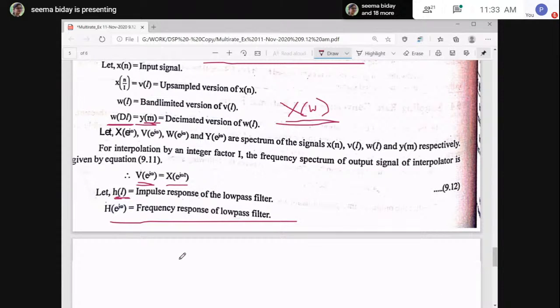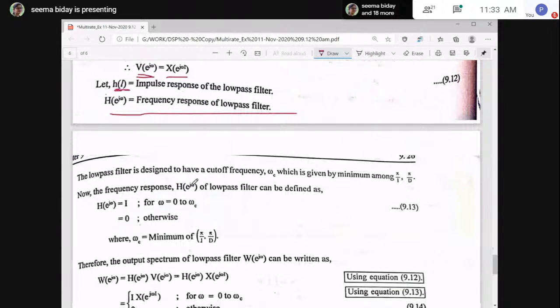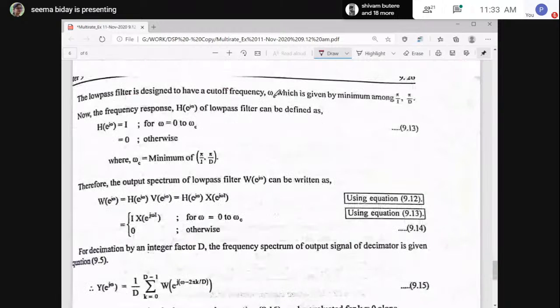Now, the low pass filter is designed to have a cutoff frequency WC, which is the minimum of pi by I and pi by D. Why should it be the minimum? Because a low pass filter is required in both the interpolator and the decimator. In the interpolator, it should have pi by I bandwidth after the interpolator.